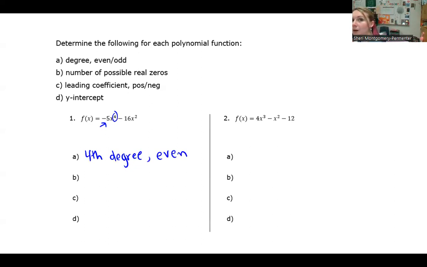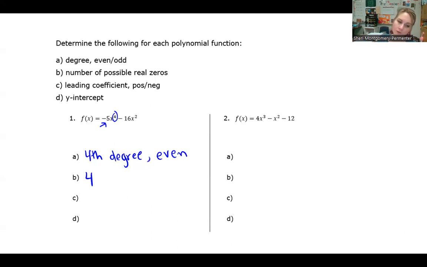Part B, the number of possible real zeros. Do we agree or disagree with Ella? You agree? She is correct. It is 4. It goes along with the degree. So yes, 4 possible real zeros. Doesn't mean there is 4, but there could be 4.